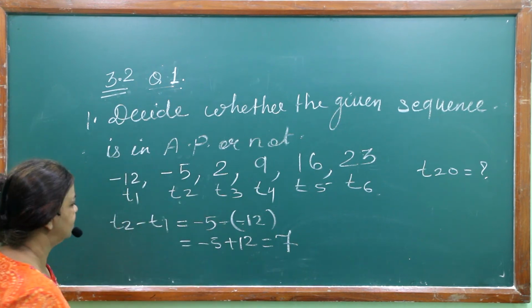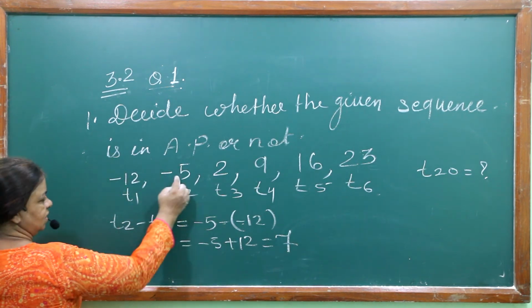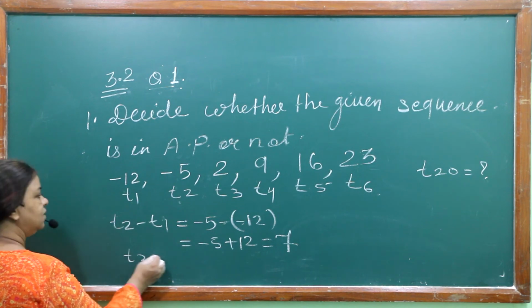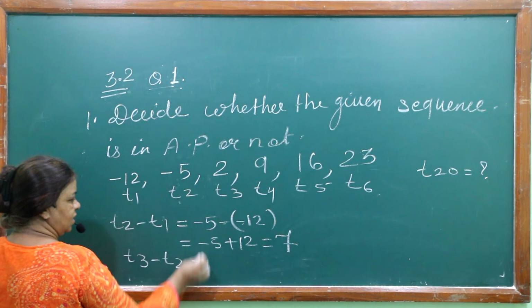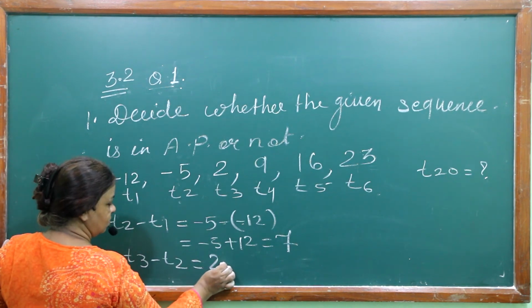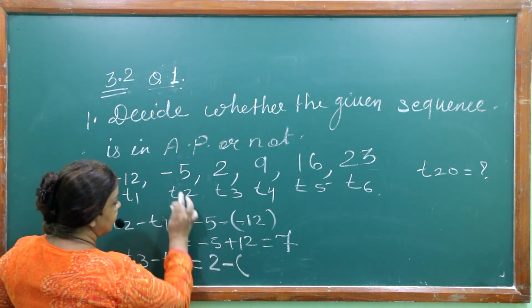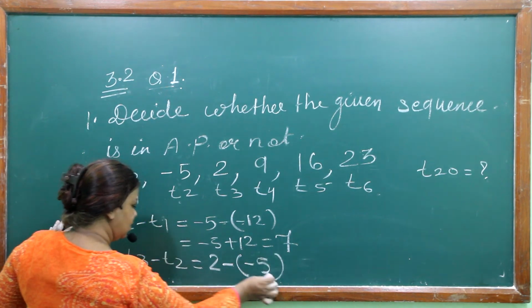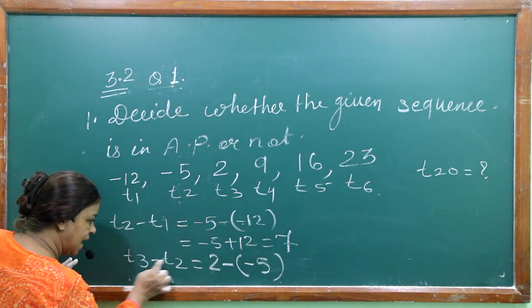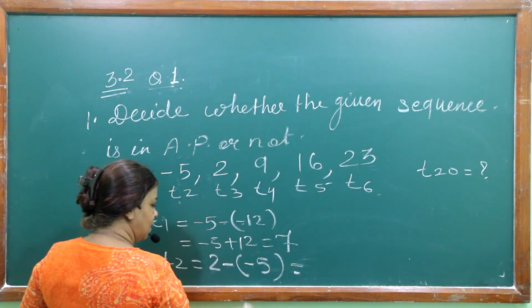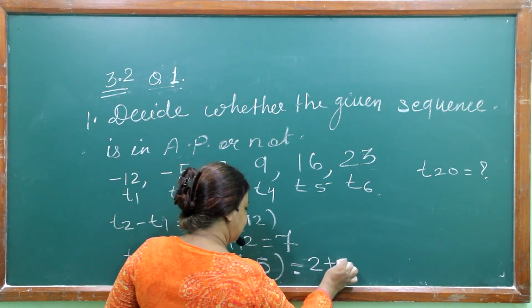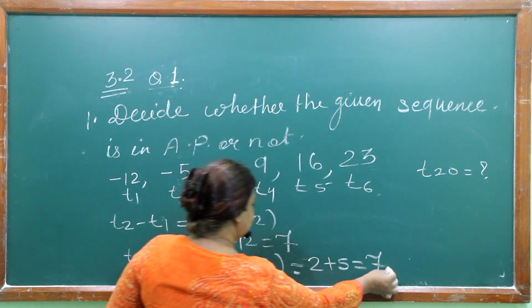Now let us do T3 minus T2. T3 is 2, minus T2 which is minus 5. Minus minus becomes plus, so 2 plus 5 is 7.